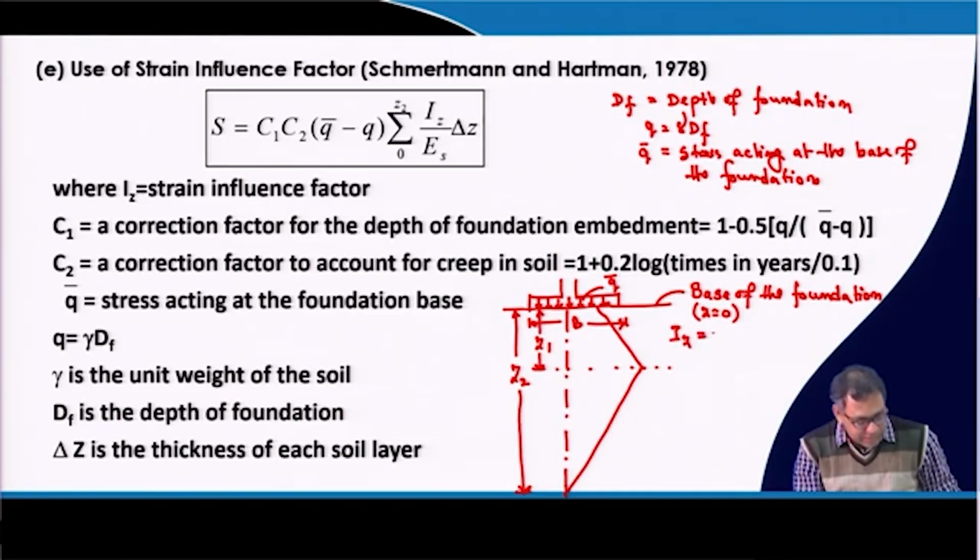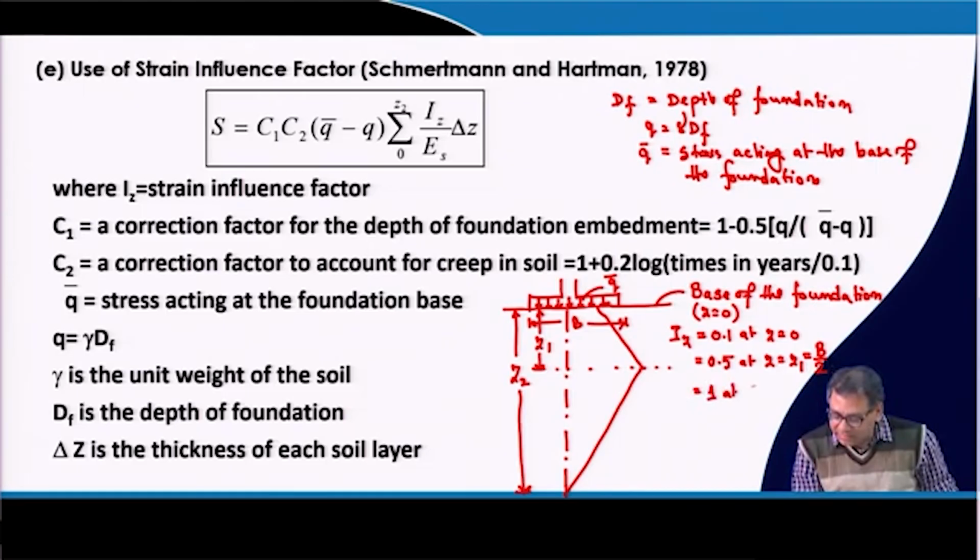Now, here this is the line, and I am giving the values of Z1 and Z2. For Iz, we will get 0.1 at Z equal to 0, and 0.5 at Z equal to Z1, that is equal to B by 2, and 1 at Z equal to Z2, that is equal to 2B.